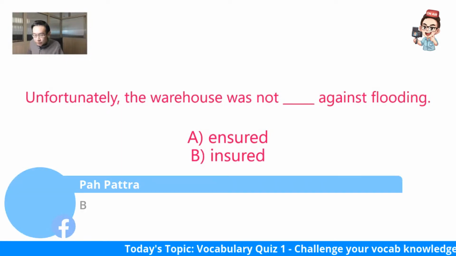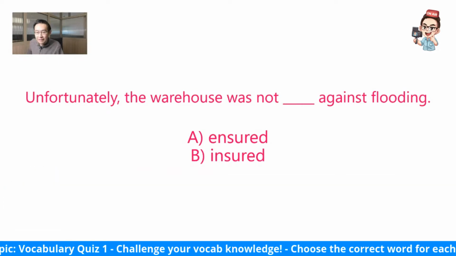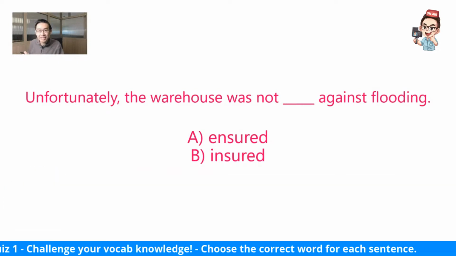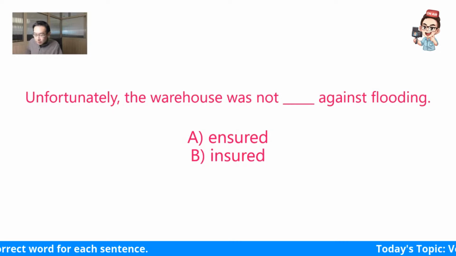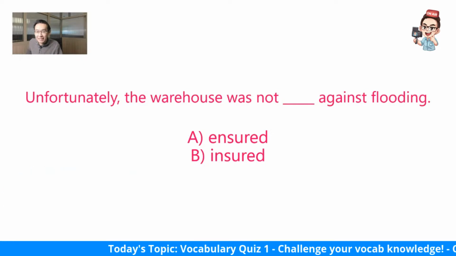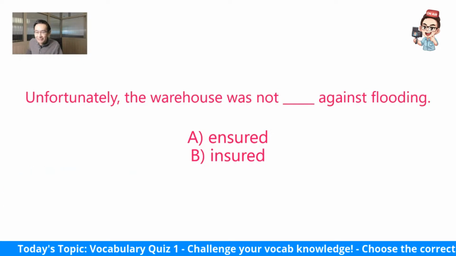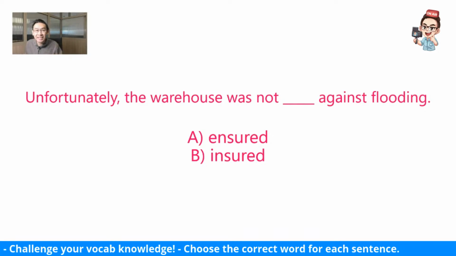Okay, we have the first guess, B. Papa Tra said B. Any other guesses? Okay, from Annie KT, you said A. Thank you for participating. Any more answers before we review more details about this sentence?